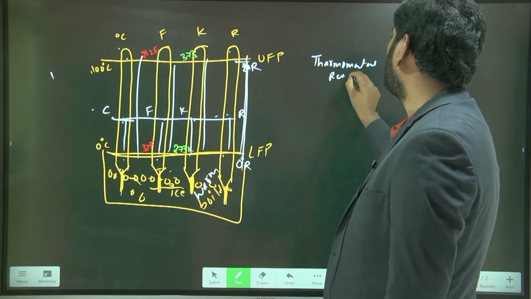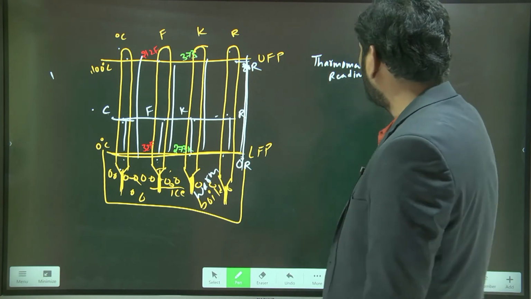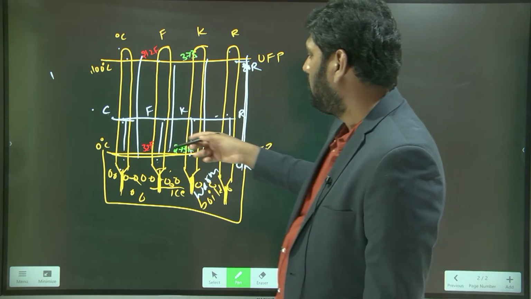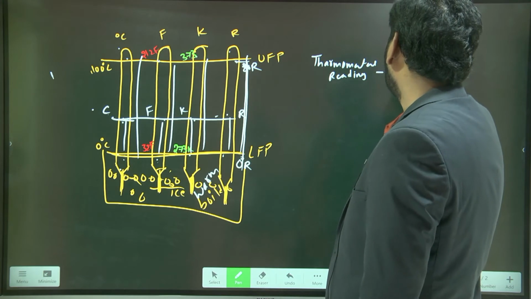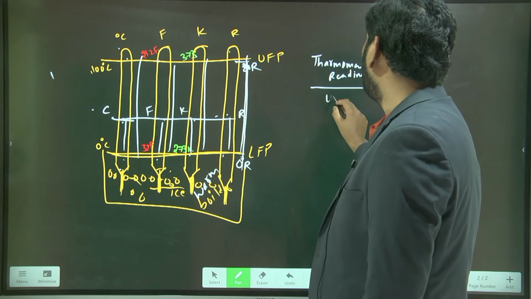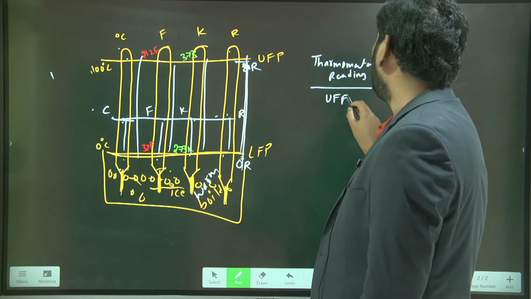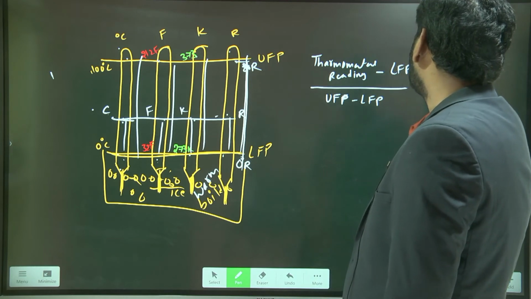Thermometer reading minus LFP value, upon UFP minus LFP, is equal to a constant.